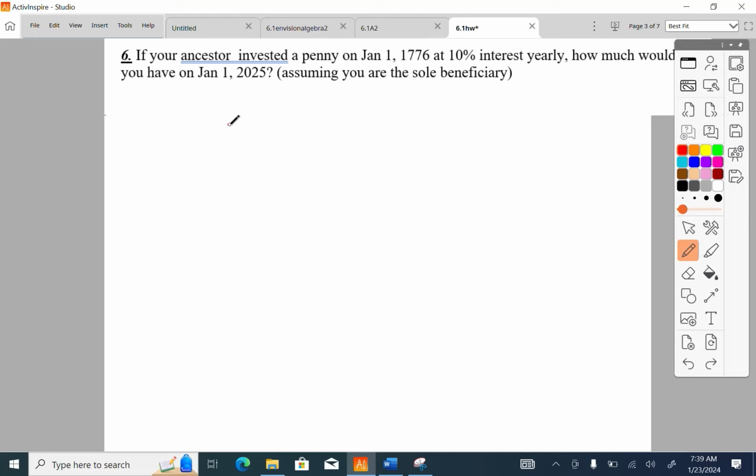All right, so we're going to use this form here. The amount after time passes is the principal times 1 plus r to the t. The principal here is a penny, so $0.01.